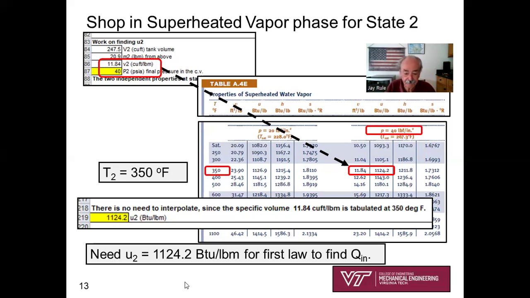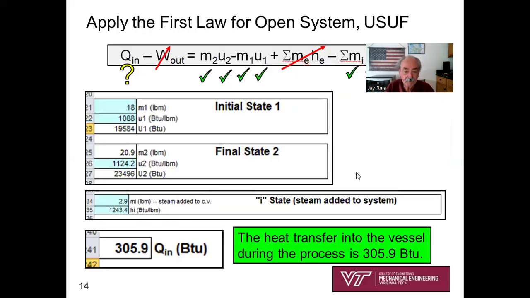I need that for the first law from our planning of our work. Very appreciative of the author that we don't have to interpolate. So little u2 is 1124.2, since it corresponds to 11.84 cubic feet per pound.